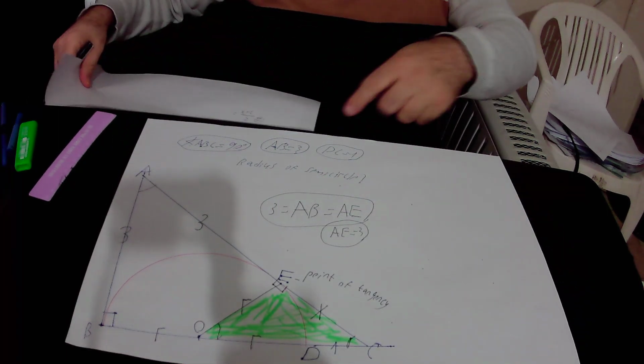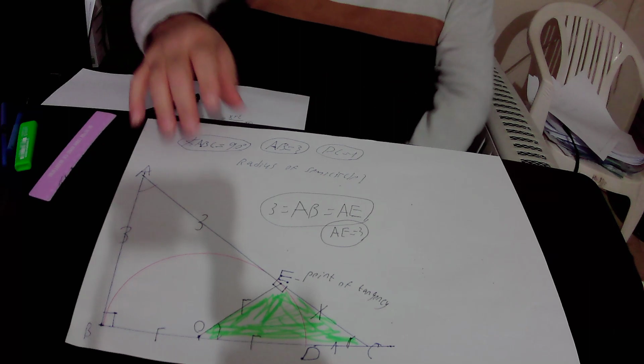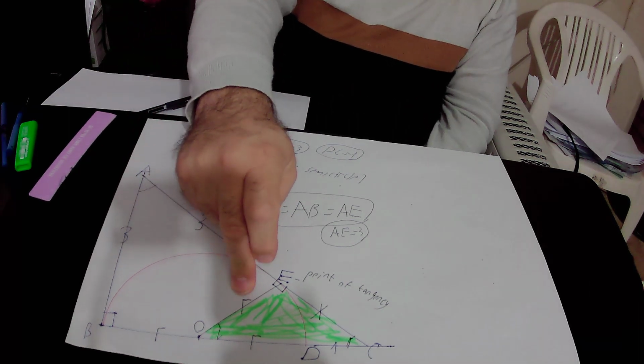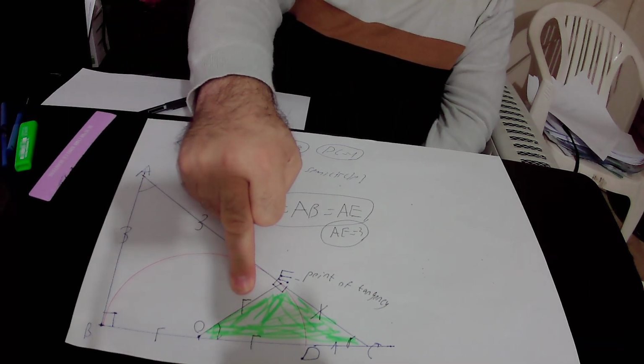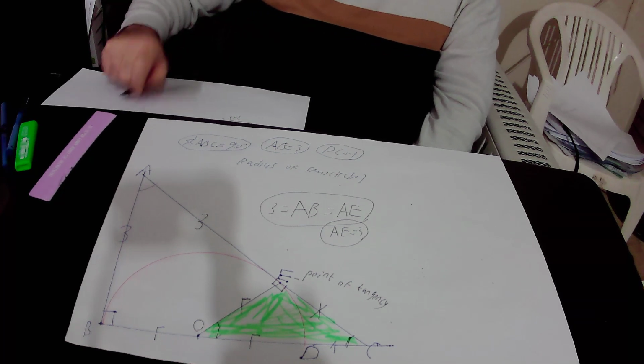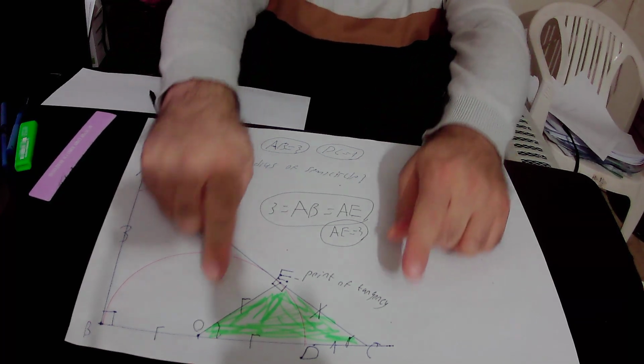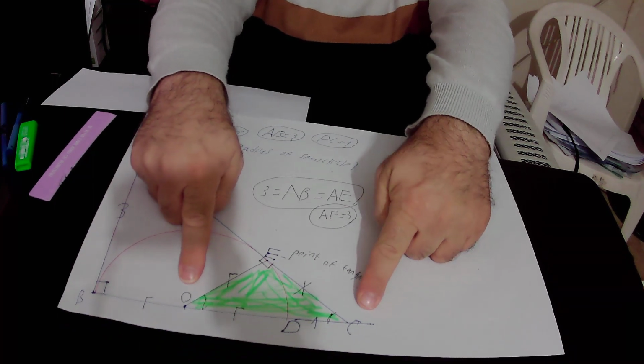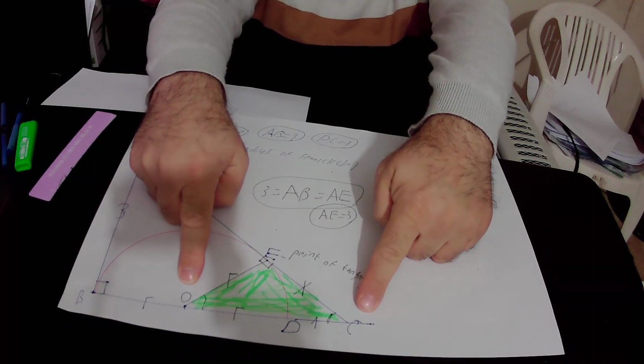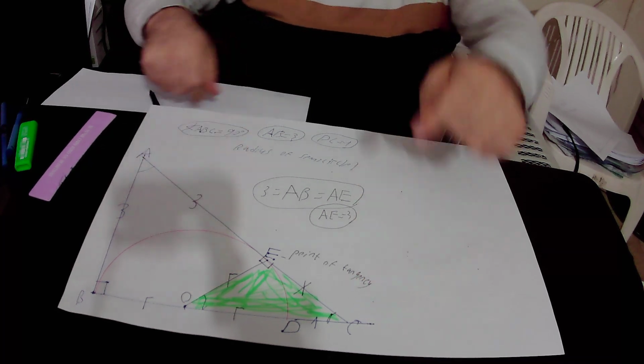And what is the value of OE? OE is the radius of the semicircle. It equals R. And what is the value of OC? The value of OC, you can see from the drawing, is R plus 1.